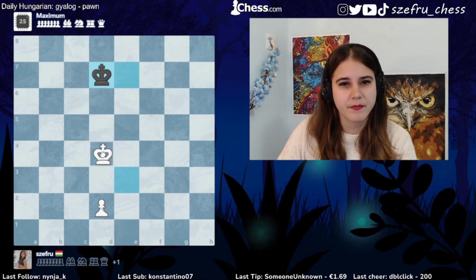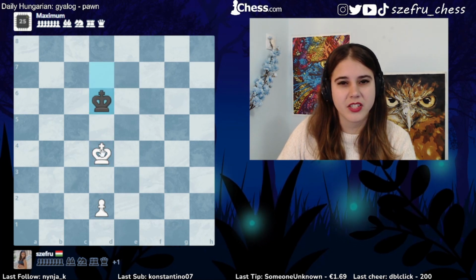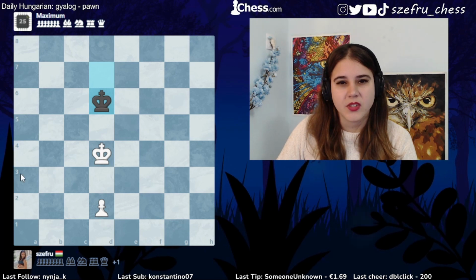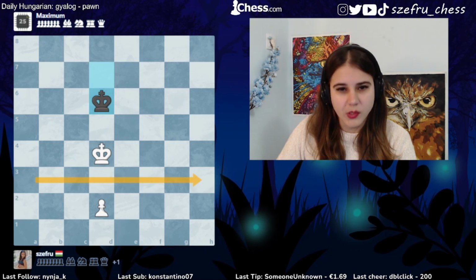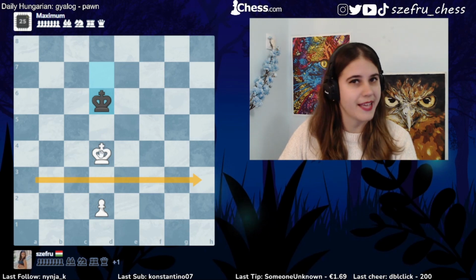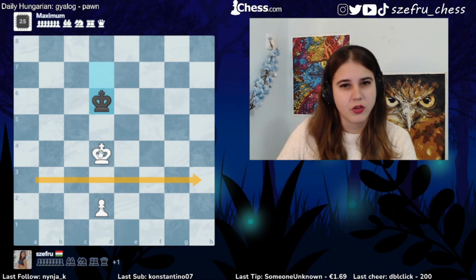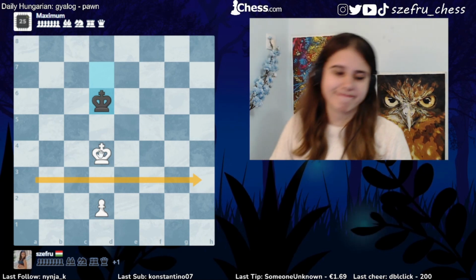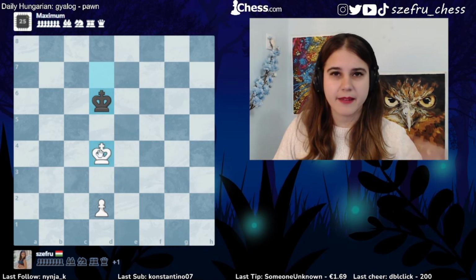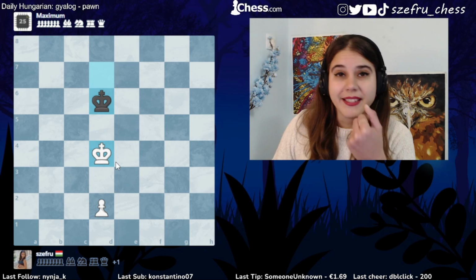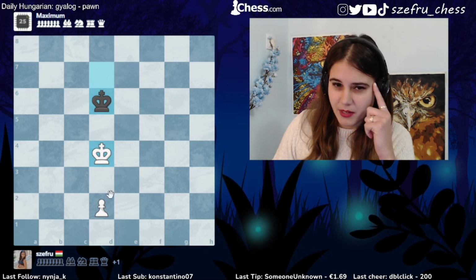But don't worry, because here's another thing to remember. If you have at least one square between your king and your pawn, at least one square, the more the better, of course, but at least one square, then you can take your opposition back in a smart way.